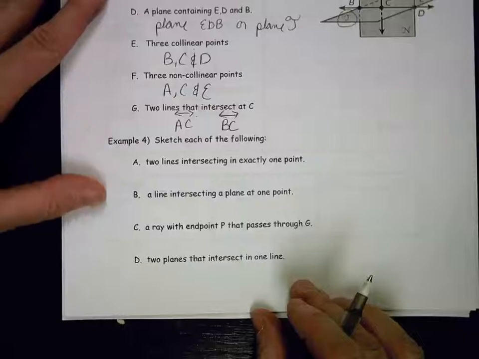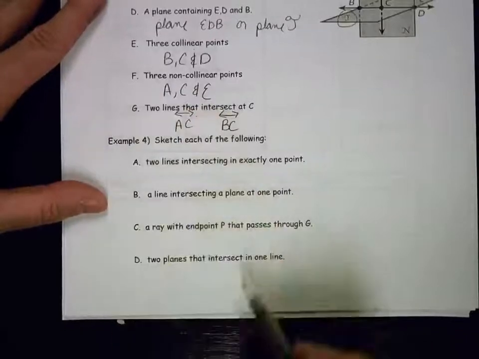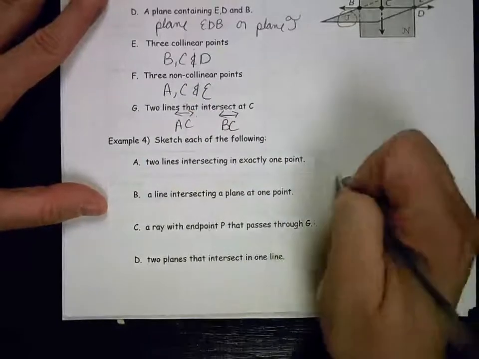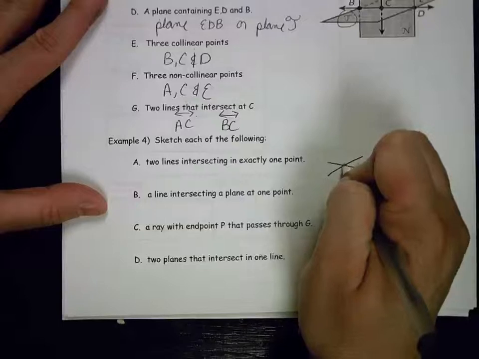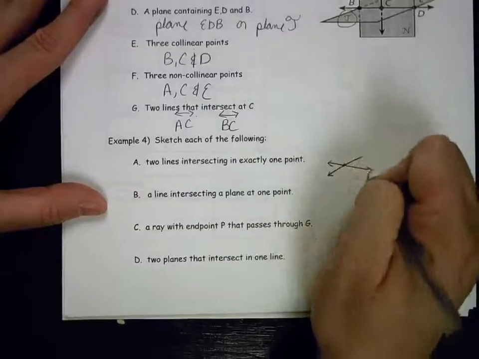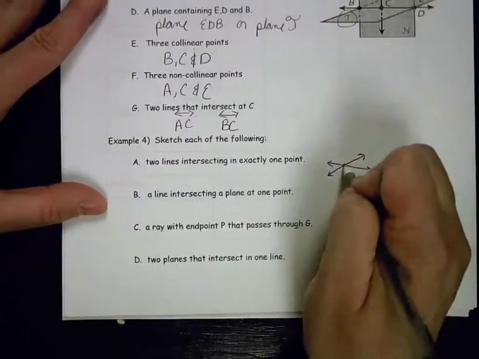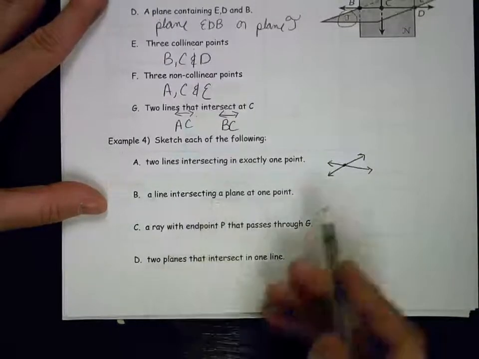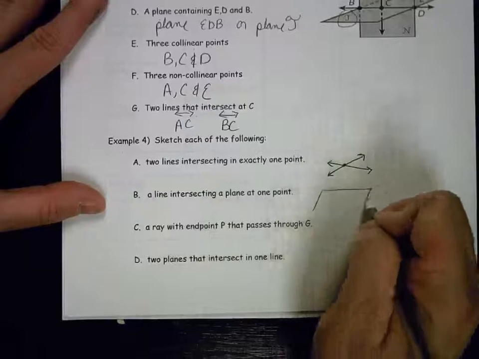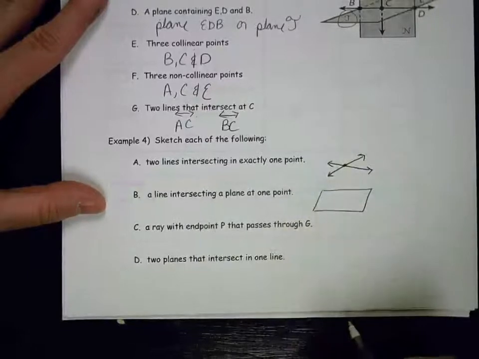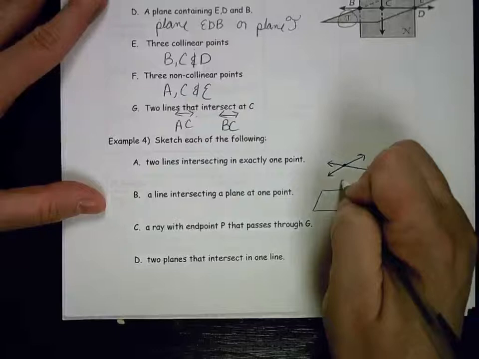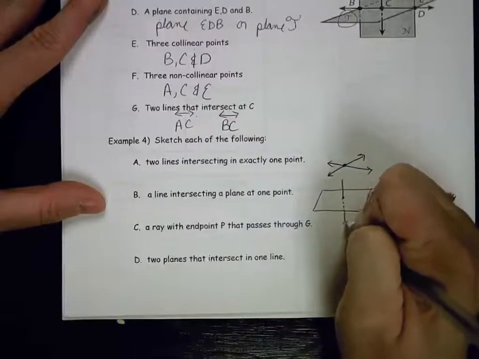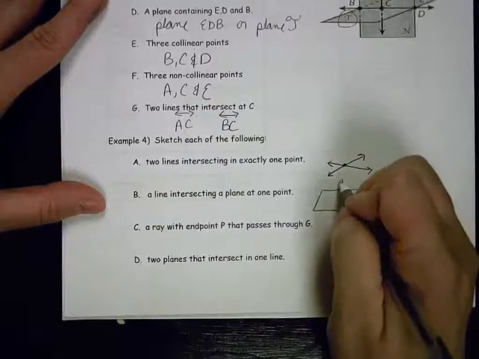And the last example, the second example 4, sketch each of the following. Two lines that intersect at exactly one point. There are two lines, and here's the point where they intersect. A line intersecting a plane to make a point. Well, there's the plane, and we're going to draw a line, and then I draw the dashed part right there.